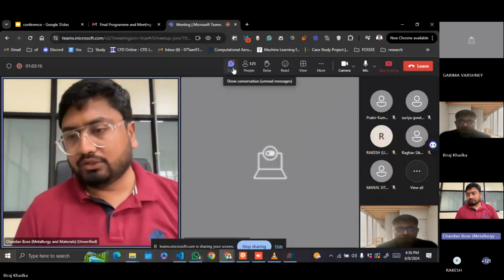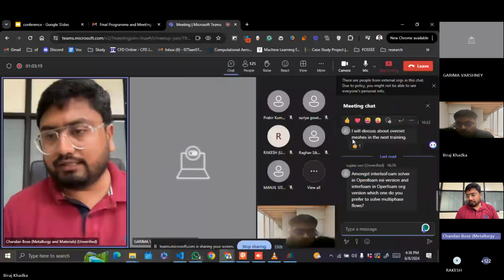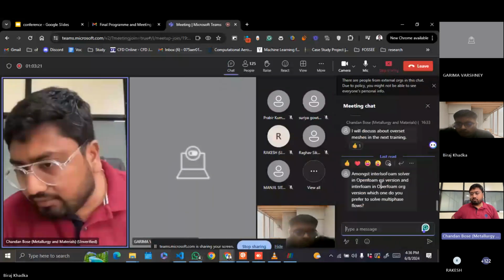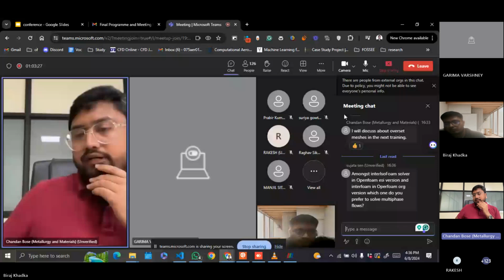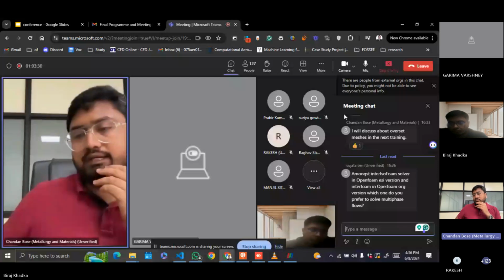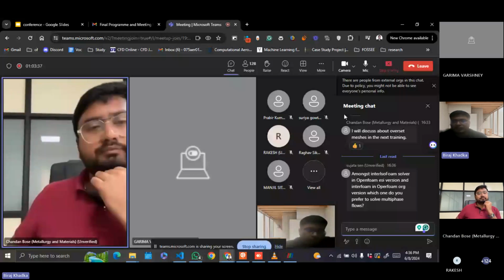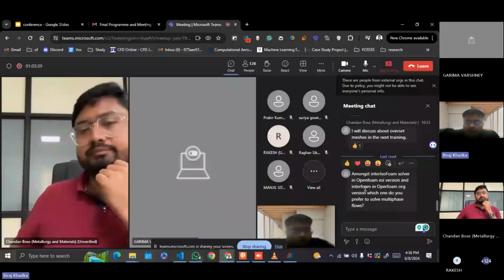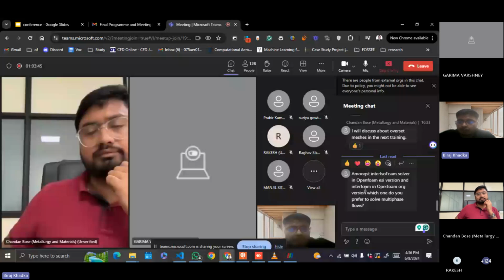There is another question by Sujata. Amongst the interIsoFoam solver in the OpenFOAM ESI version and interFoam in the openfoam.org version, which one do you prefer to solve multiphase flows? Actually, I don't know about interIsoFoam. I've never used it, but for this continuous phase, I generally prefer the interFoam solver.